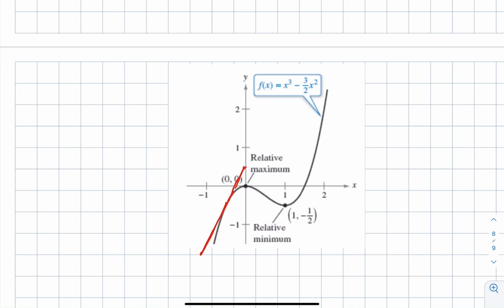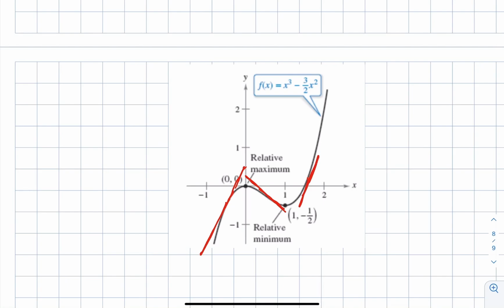We had a tangent line that went from positive over to negative. Now, if we picked a point here, we would have a negative tangent line right there, and then back up to positive. Okay, and what we're essentially seeing here is that if we go from positive to negative, we have a maximum. And then from negative over to positive, we have a relative minimum.